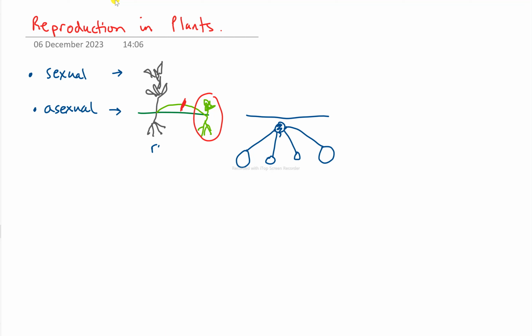So these are from runners, these are from tubers, and you can also get plants forming from bulbs. So from this initial bulb, another bulb is forming, and then you can split them up and grow another plant. So we can write this as bulbs.